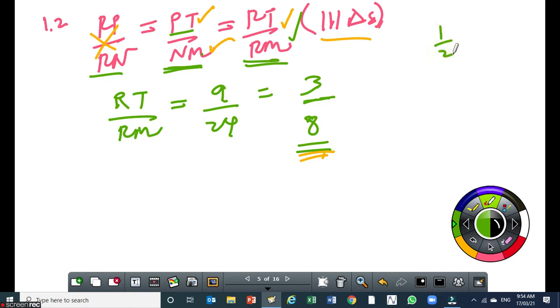If that's the ratio of those two sides, it means the ratio of the areas of the triangles will be a half, all squared. That's a very important result. It is only true for similar triangles. Remember, the ratios of the corresponding sides of similar triangles are the same. So if you know any one of the three ratios, you can use that ratio to determine the ratio of the areas of those two triangles by squaring the ratio of the sides.